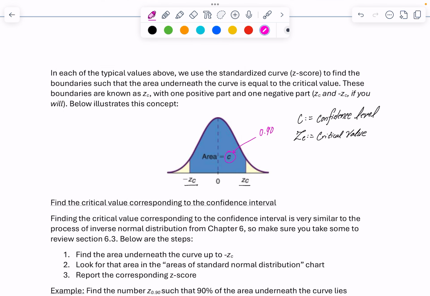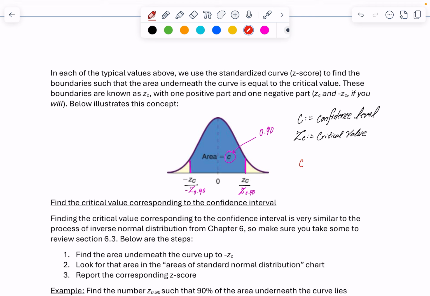Our boundaries for the 90% confidence interval are bolded here in the area section, and Z_C would be represented as negative Z_0.90 and positive Z_0.90.